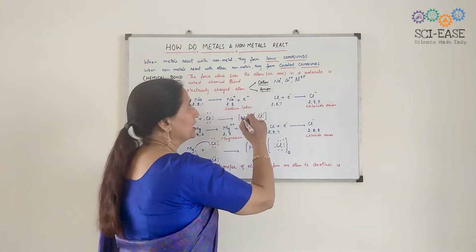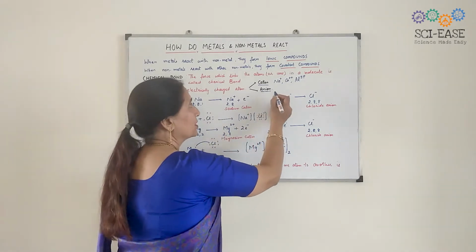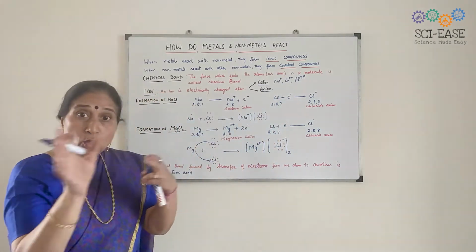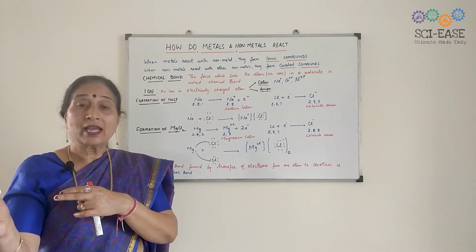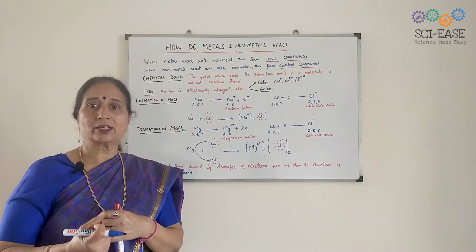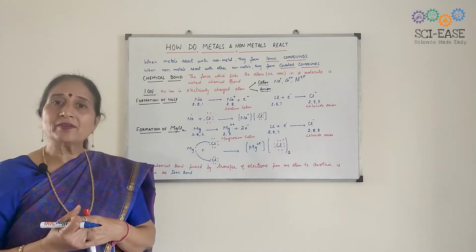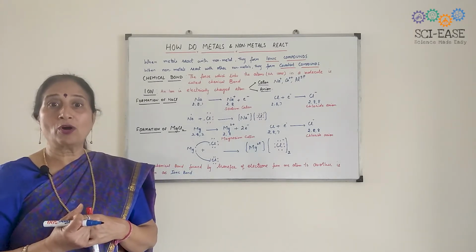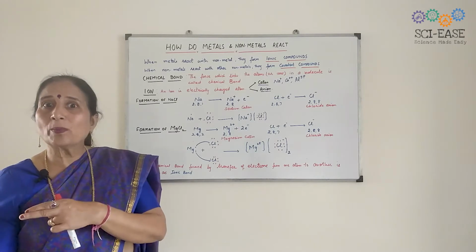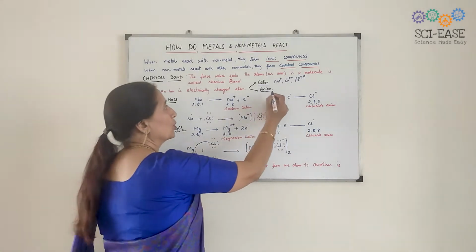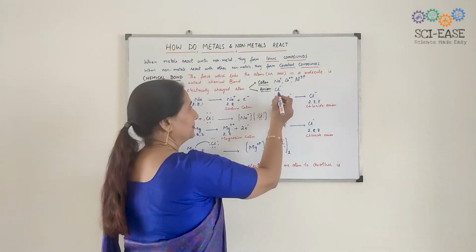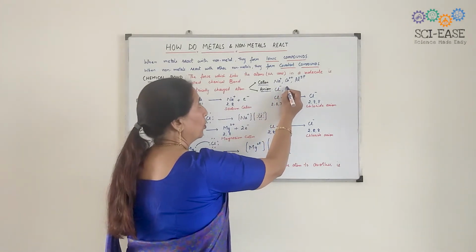Electronic configuration is 2, 8, 7. So, it will not lose its 7 electrons. Instead, it will gain 1 electron and result in the nearest noble gas configuration, that is, the configuration of argon. So, Cl-.